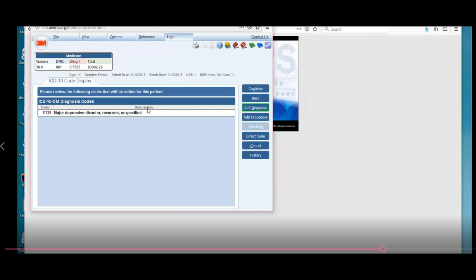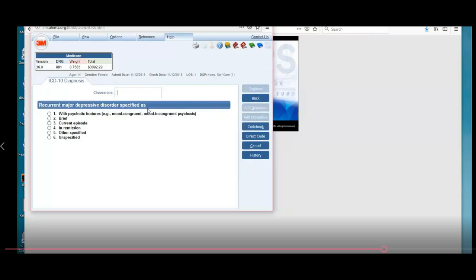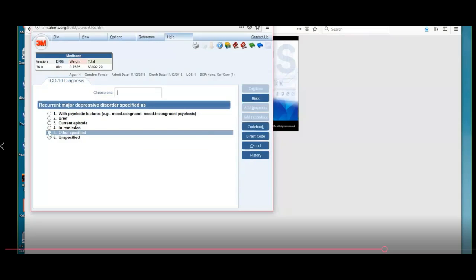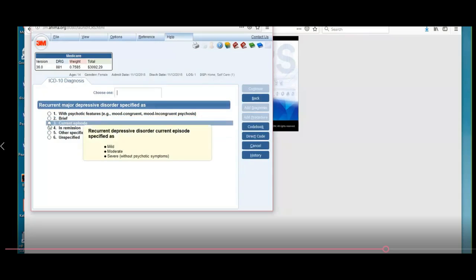But that didn't say severe. So I'm going to back up. If you hit the comma on your keyboard, you can back up. So if I pick other specified, maybe I can get severe. Nope. Oh, so I have to pick current episode.